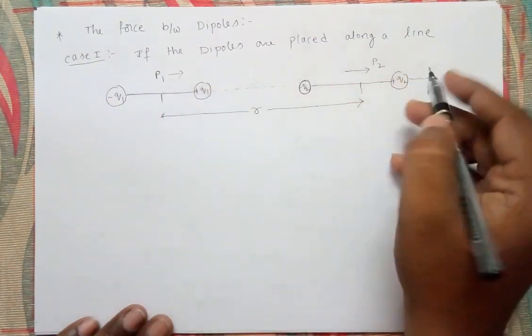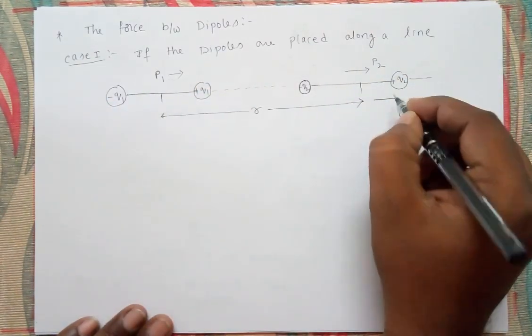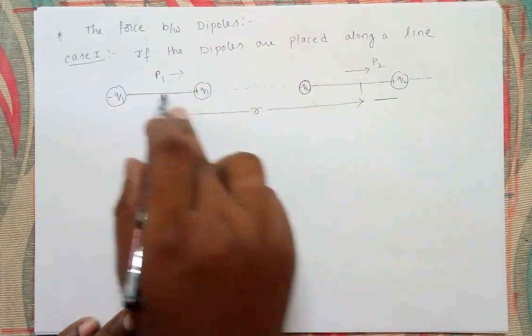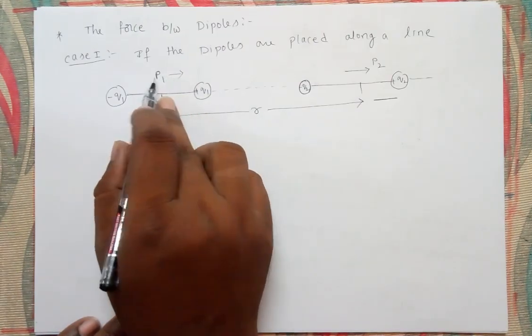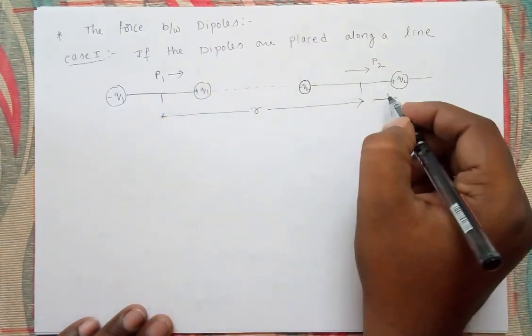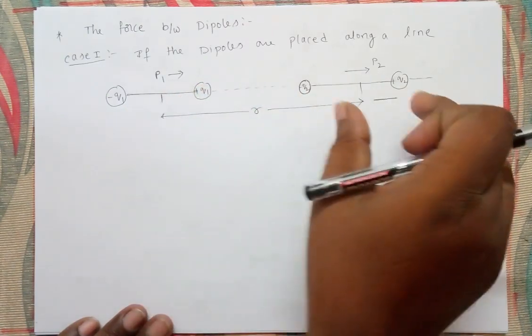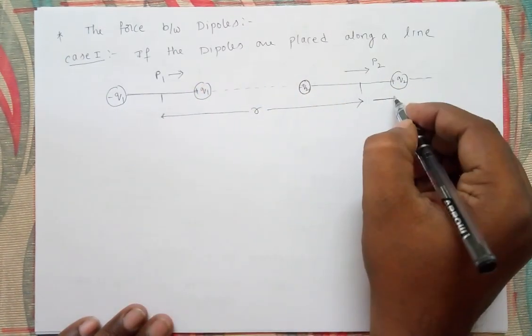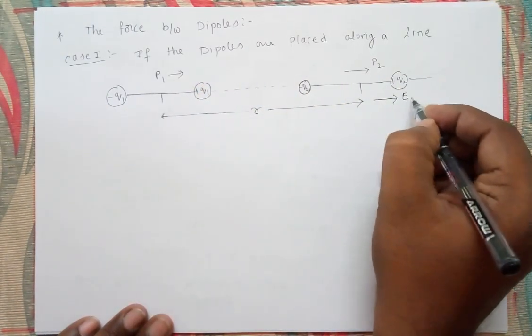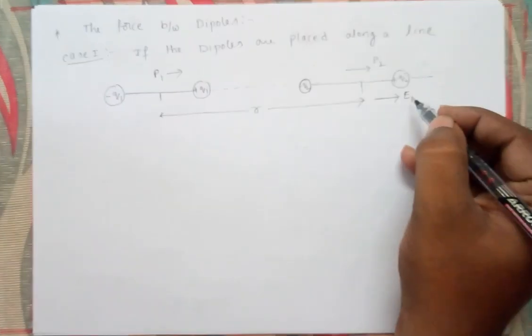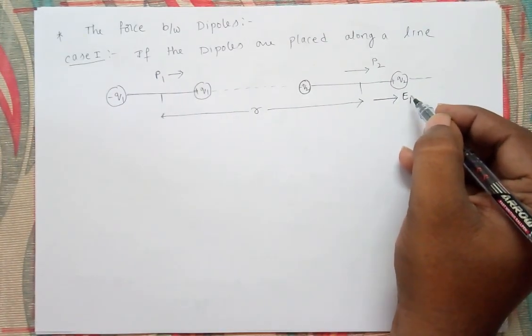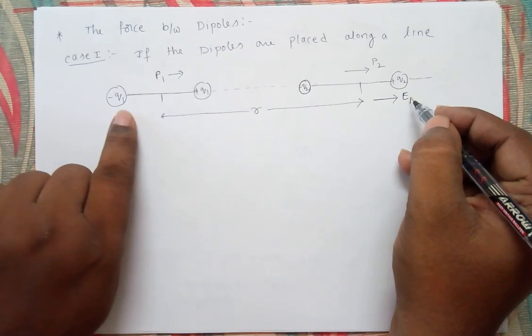Axial electric field means along the direction of the dipole moment. The dipole moment is towards the right, so the electric field intensity due to this dipole at the second dipole is also away from it.